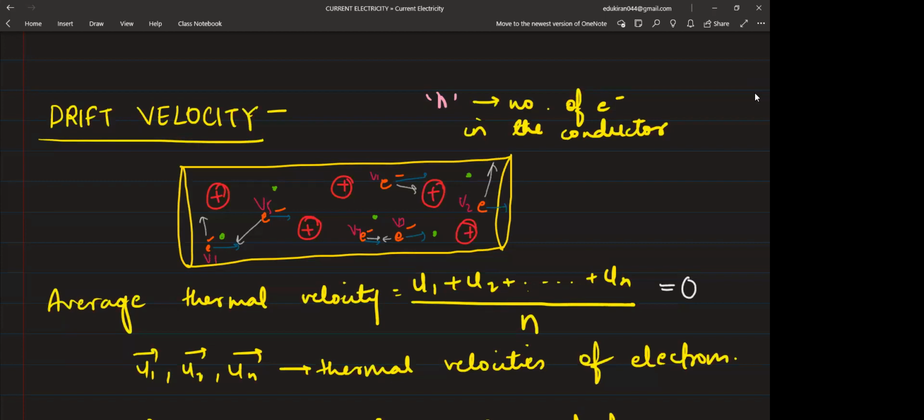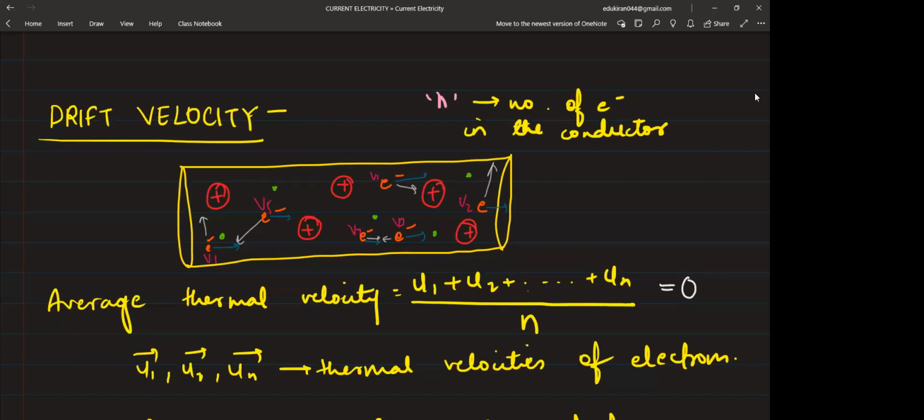Positive or negative? Positive. Very good. Because electrons are negative particles, so they'll tend to move towards the positive side. These electrons tend to drift towards the positive terminal of the circuit.